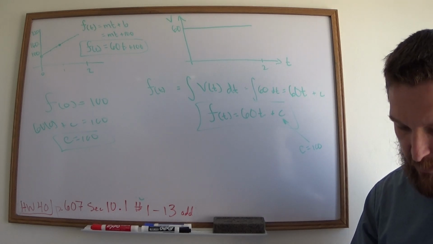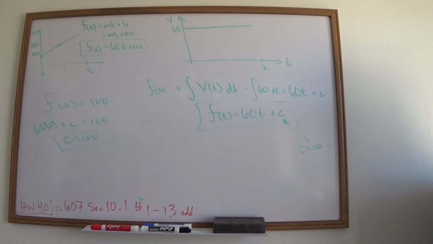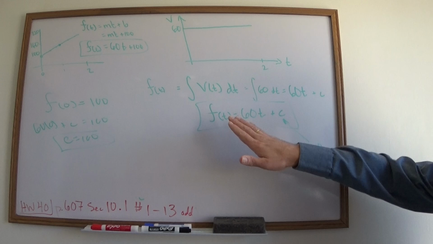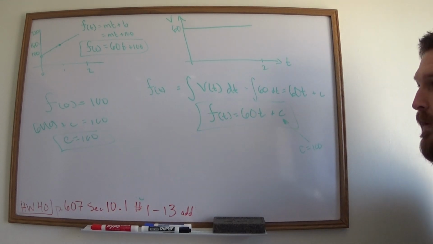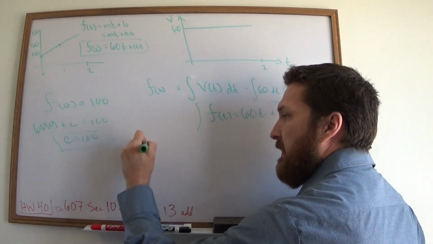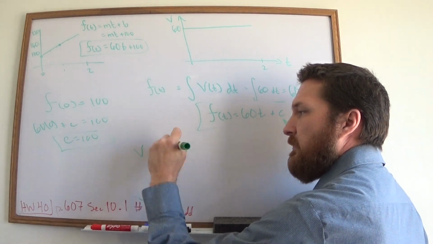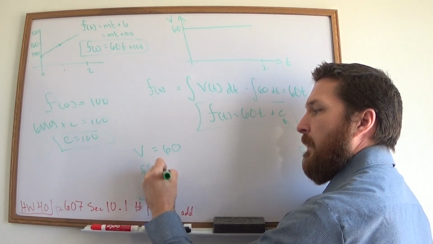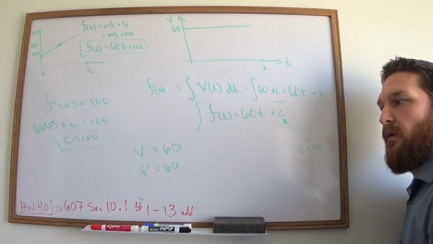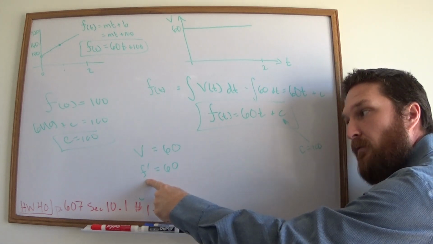Now, in general, Victor solved a differential equation, right? He knew that his velocity was equal to 60. But velocity is f prime. That is an equation that has a derivative of a function.